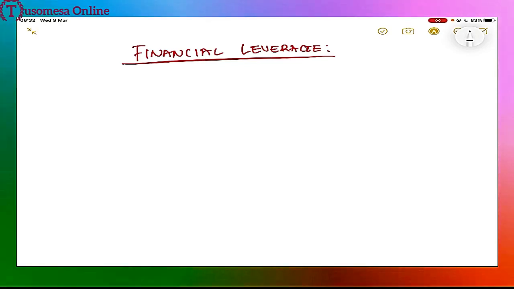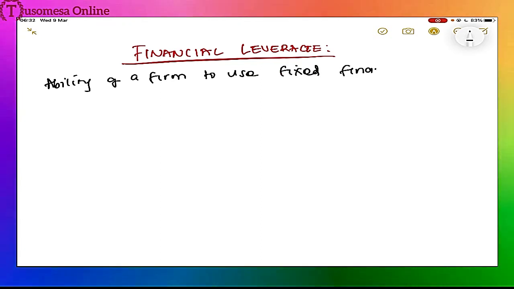So financial leverage refers to the ability of a firm to use fixed financial charges. We're going to talk about what these fixed financial charges are.